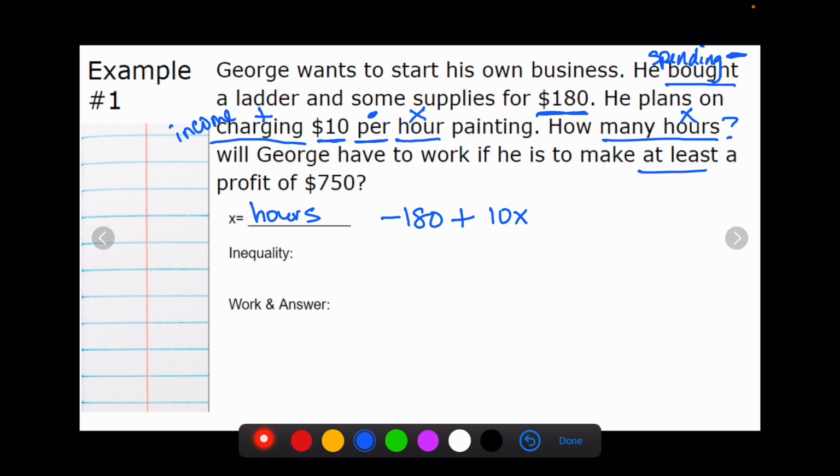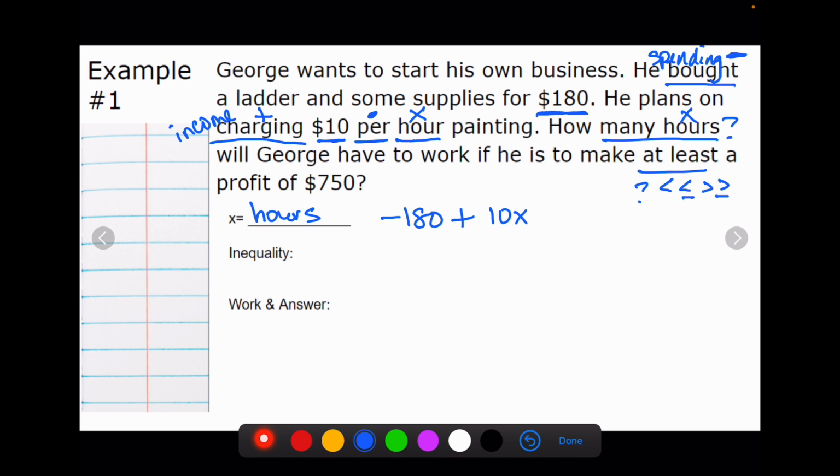Will George have to work if he is to make at least, if you go back in your notes and you look at that chart, the words at least, which symbol are we going to use? So again, are we going to use a less than or equal to, greater than or equal to? Okay.